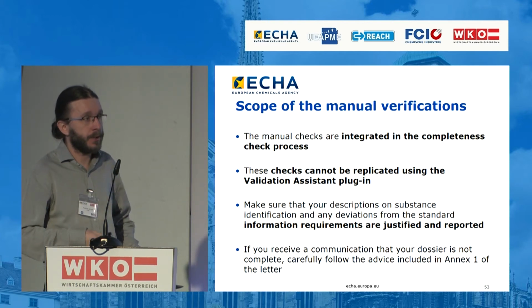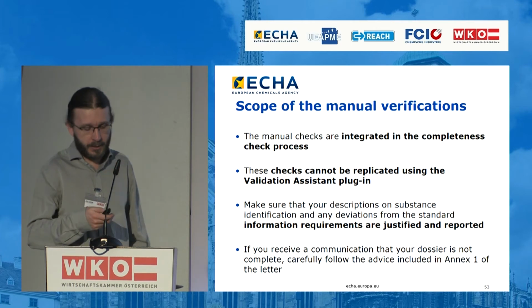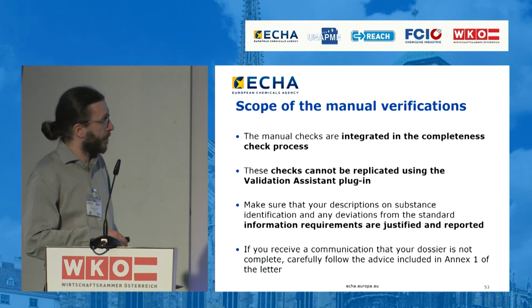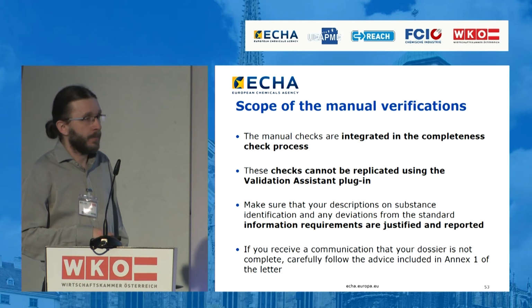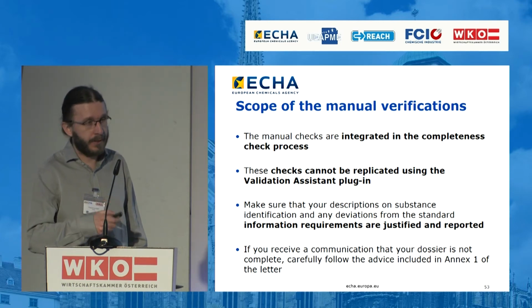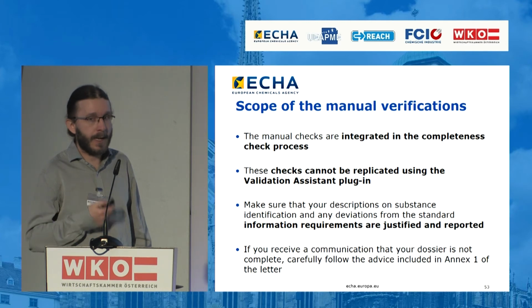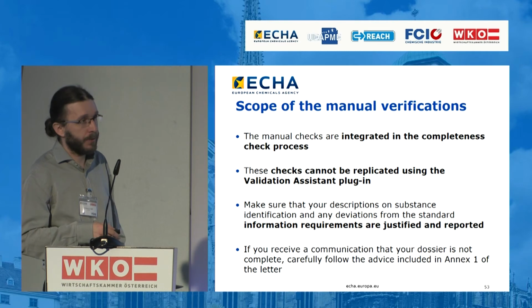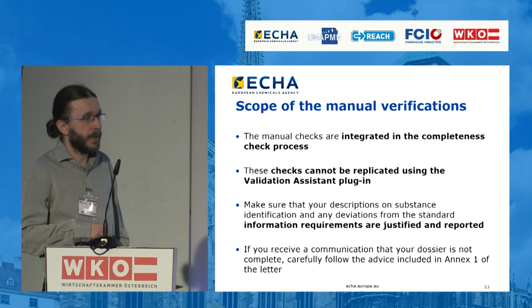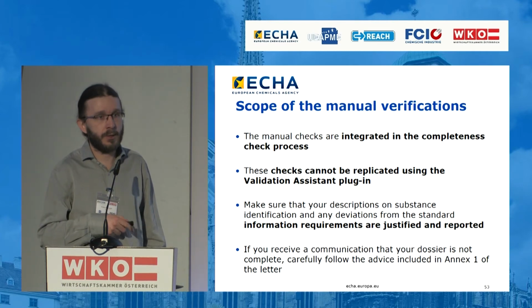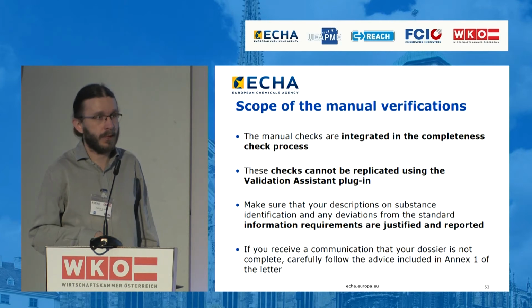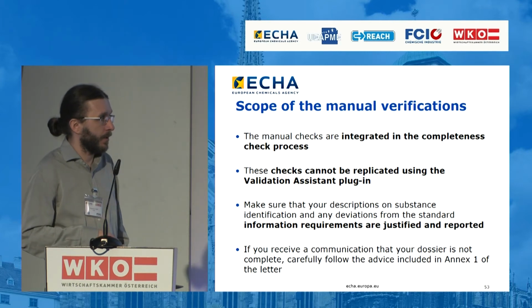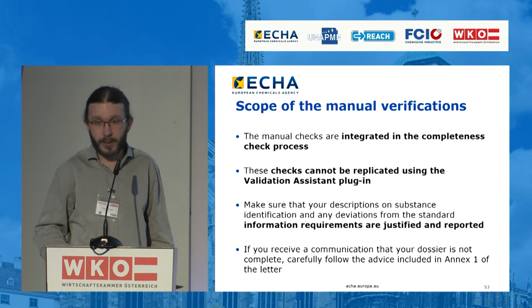So even if the validation assistant in Euclid shows you that there is no issue, you might receive a communication that your dossier is not complete based on this manual verification. And if that's the case, we will add to this communication that you will receive via ReachIT an annex that explains clearly where the issue was found and what is expected in the update after the completeness check failure.